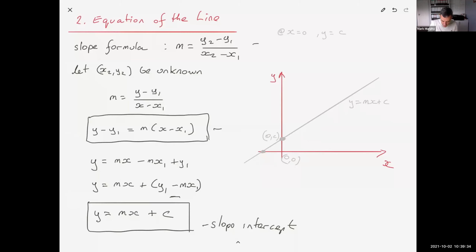Now, similarly, we can find this point here. All along that line, y is equal to 0. So filling y equals 0 into this formula, you get that x is equal to minus c over m. So in other words, the coordinates of this one here are minus c over m, 0. Okay? What I did there is important, right?